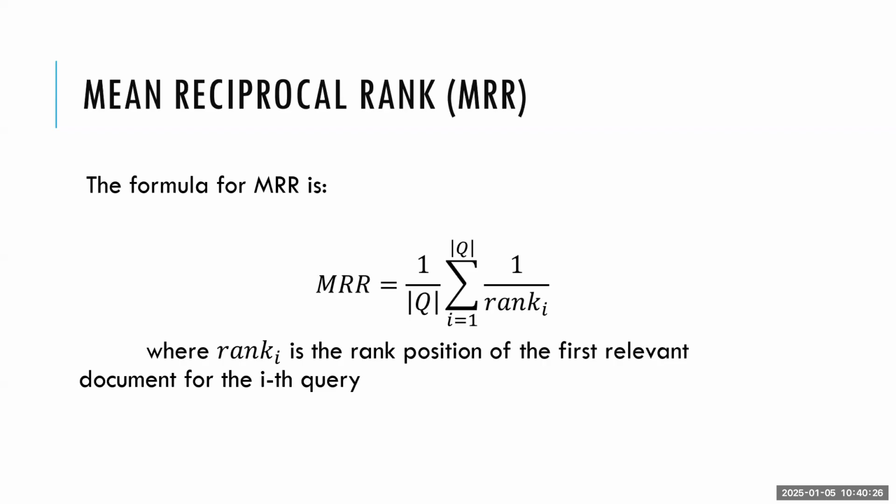The next metric is MRR, mean reciprocal rank. So the MRR equation is 1 over Q, right? 1 over the number of queries, times the sum of 1 over rank i for each query.